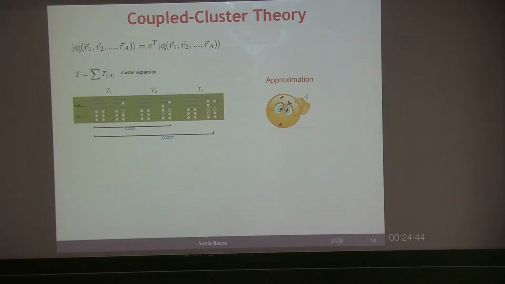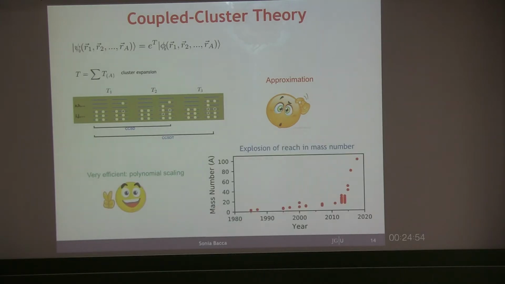Because this expansion is in the exponent, even if you truncate here, it's actually very close to the exact result. So the very good thing of this method is that the computational scaling as a function of the mass number is polynomial. So of course it gets harder the heavier the nucleus is, but it's not this factorial thing.